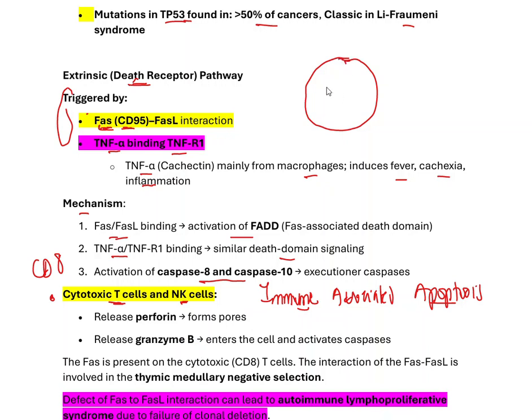So if this is a cell, and let's say this cell is infected by a virus, or there's a tumor in this cell, as we're going to see when we get to immunology. Because the virus is inside the cell, they're going to be producing what? Endogenous antigen. And this endogenous antigen, because it is made inside the cell, is going to be loaded into MHC class 1, inside the rough endoplasmic reticulum, because that's where the protein is being produced.